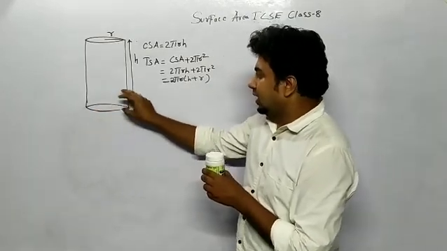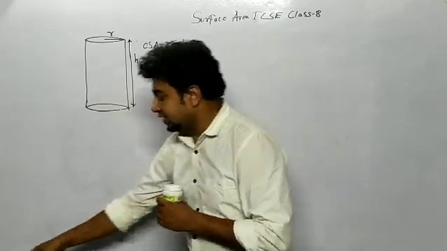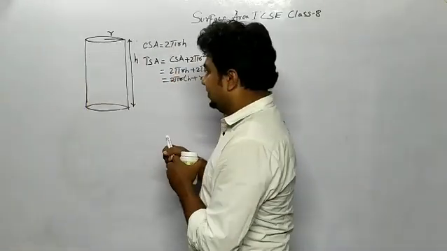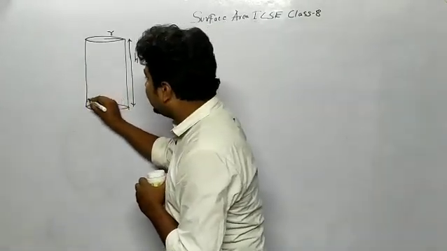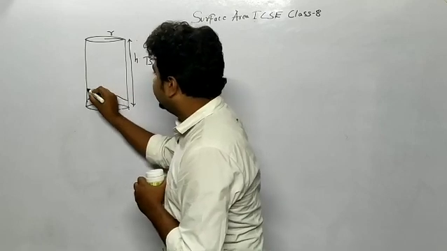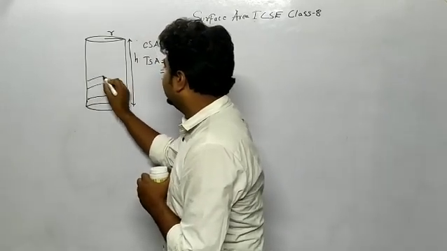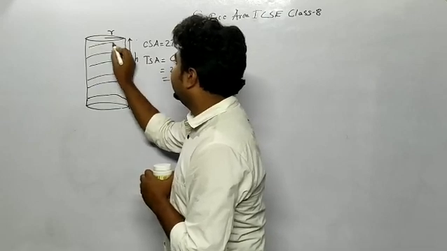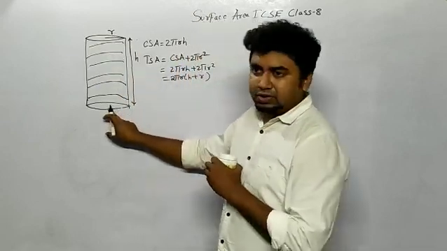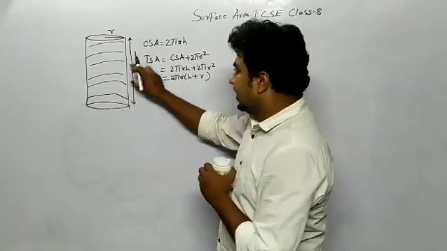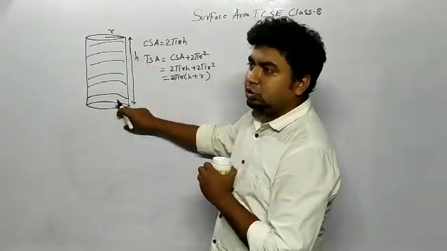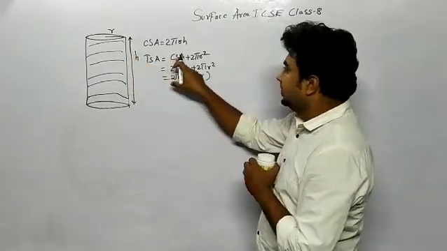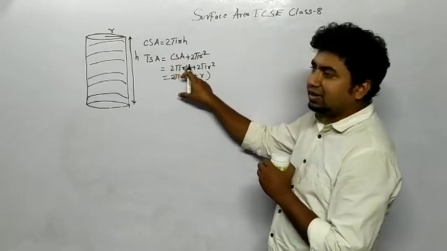How many coins are like this? h coins are there. One coin's circumference is 2 pi r, so h coins give 2 pi r into h. That's why the curved surface area is 2 pi r h.